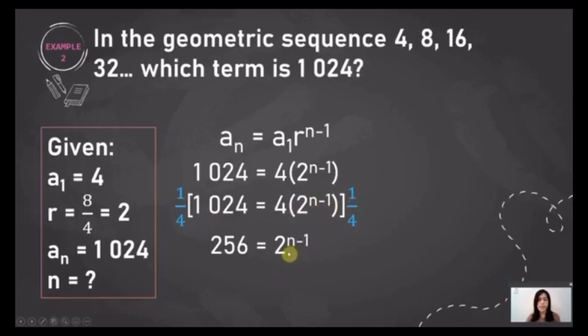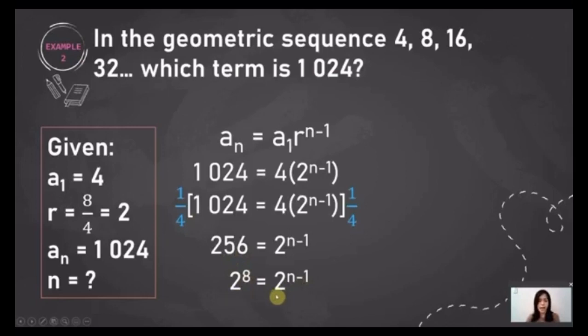Okay, now at this point, to solve for n, we have to write 256 into exponential form with the same base as 2 raised to n minus 1. Okay, now we can write 256 as 2 raised to 8. Then we have 2 raised to n minus 1.